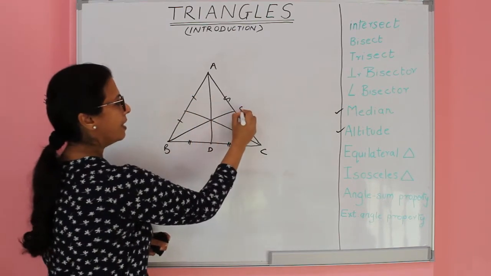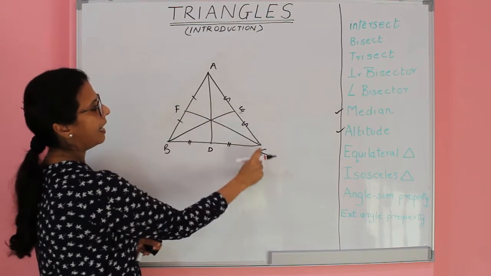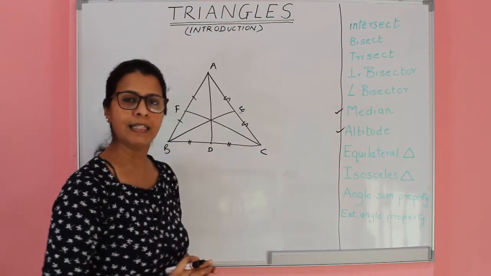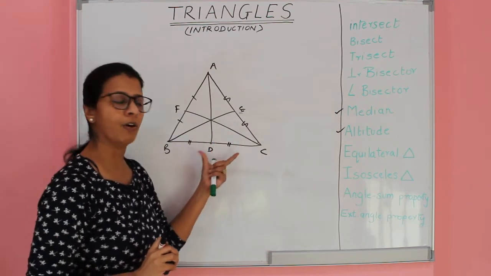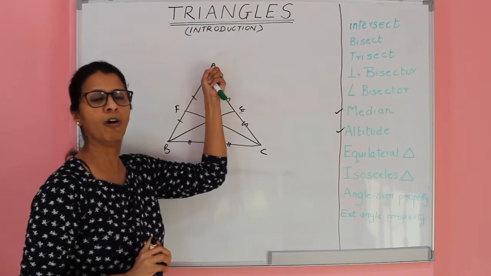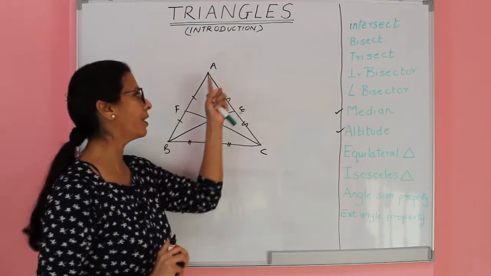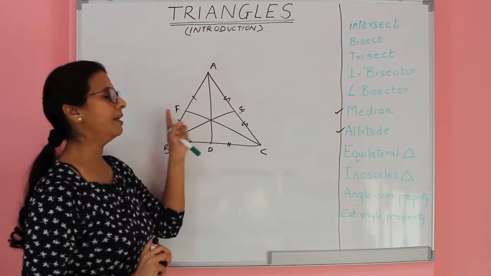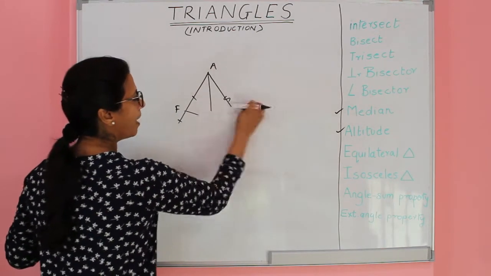Correct? So I can say E and F. So my BE and CF are also the medians. So the word median means joining the midpoint of the side and the vertex of the opposite angle. That particular line segment is called the median. So over here AD is the median, BE and CF. The moment the word median comes in the problem, you have to mark the figure accordingly.